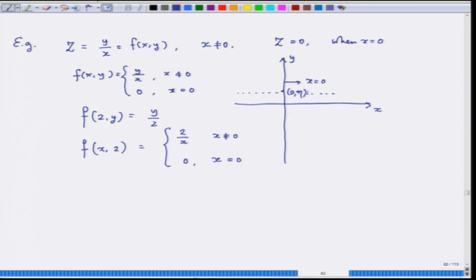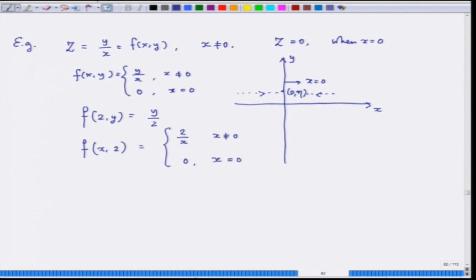If you move from this side you have negative values of y. Now, suppose we are approaching by these two paths. At this point x is not 0, at this point x is not 0.